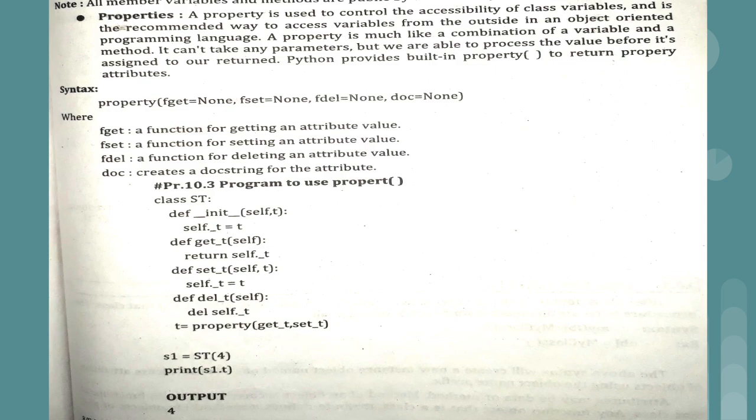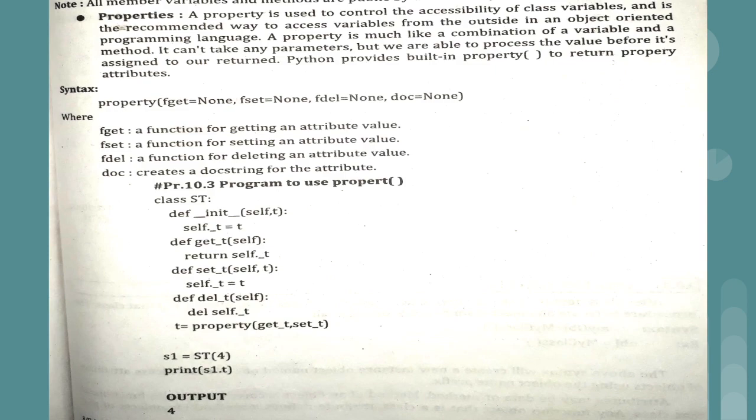For the same I have written self._t = t, the same sentence which we used inside the constructor. That particular statement I have used while setting the value, because in this program we have one t variable which is a kind of global variable, and to this specific variable I want to assign the local variable value, that is the parameter value. So that we have written.